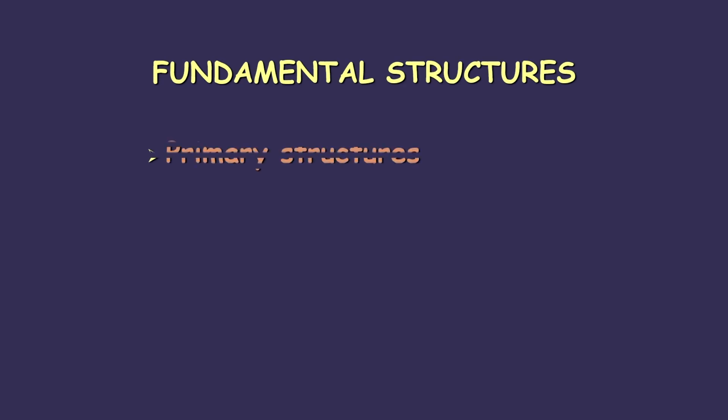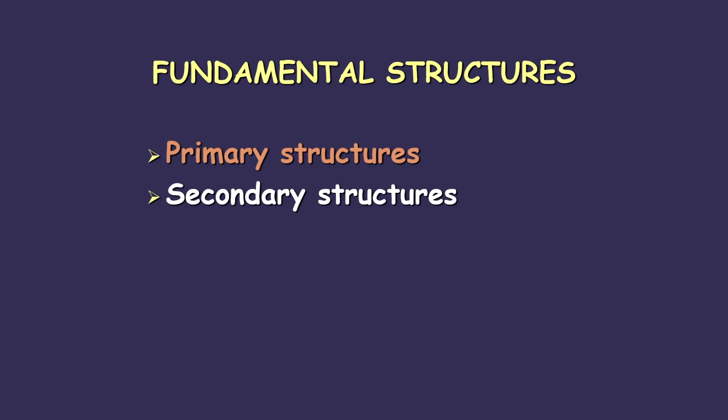So fundamental structures we can classify as primary structures, secondary structures, and contact structures. Primary structures, as I told, are all depositional structures, deposited layer by layer, even if you have volcanic rocks.